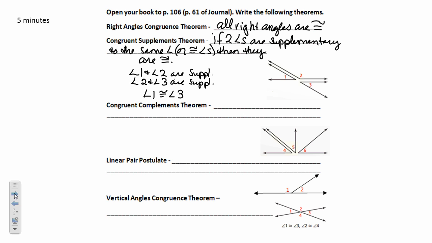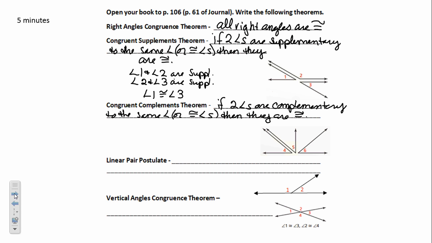Okay, so congruent complements theorem says if two angles are complementary to the same angle or to congruent angles, then they're equal. Have equal measures, they're congruent.